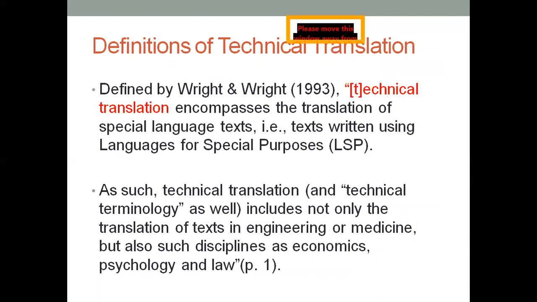Now, what about the definition of technical translation? Actually, scientific translation and technical translation are similar to each other, but there is a slight difference between them.